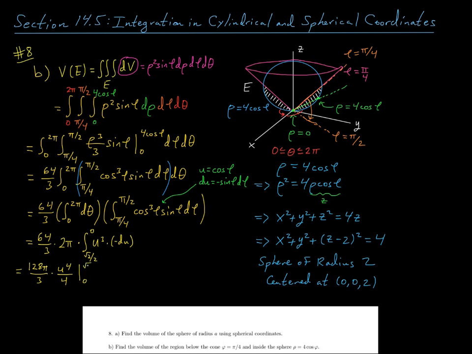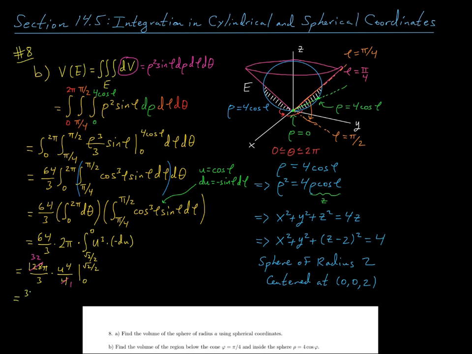So they're going to go from 0 to root 2 over 2. All right, cool. Now let's do a little simplifying here. So the 128 and the 4 can simplify. So that's going to give us a 32 there and a 1. And then I'm going to plug in root 2 over 2 in for u to the 4th.